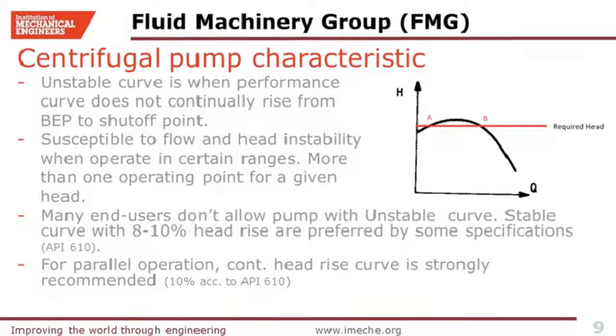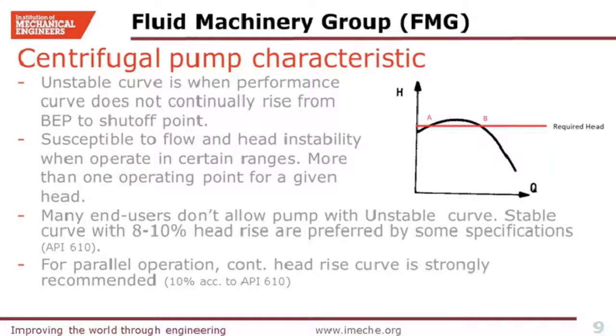A pump with an unstable curve has potential to experience head and flow fluctuations when operating in certain regions. This can cause instability, therefore we call it unstable curve. We will explain in next slides how this leads to instability.